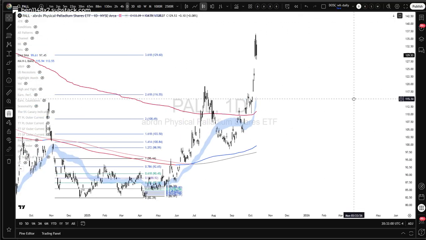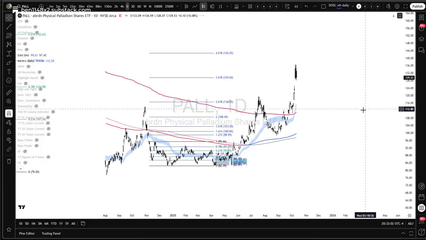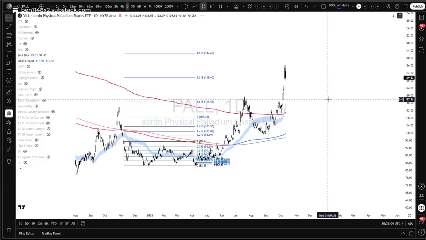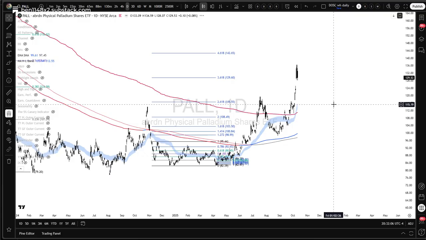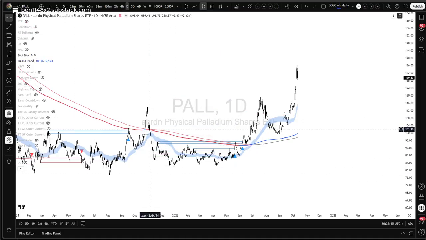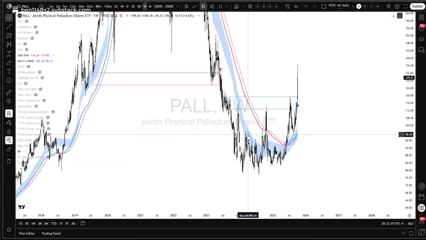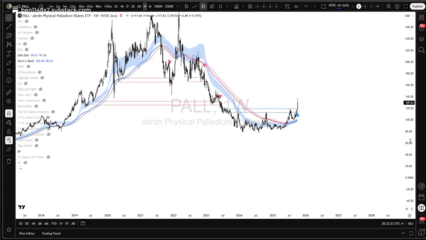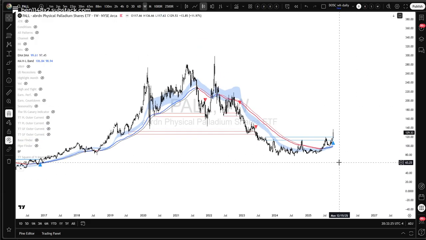On a weekly basis, this one also, PALL Palladium ETF, also popped up on a breakout finder. We'll turn the drawing tools off and shift to weekly. And so this is showing us a weekly breakout. I really like to just use this for screening with the ETFs.